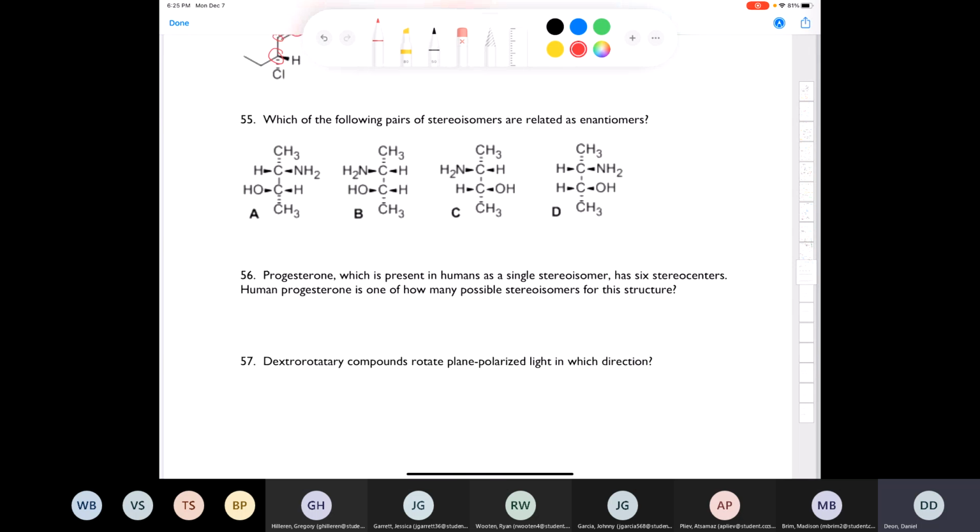Which of the following pairs of stereoisomers are related as enantiomers? Did anybody do this one? Anybody able to nail this one down? Or is anybody able to solve it now and see some enantiomers here?